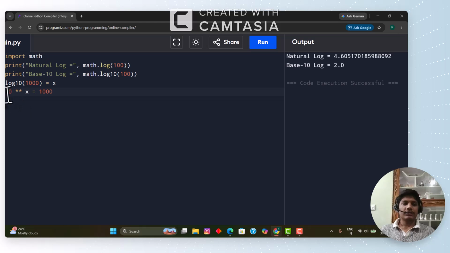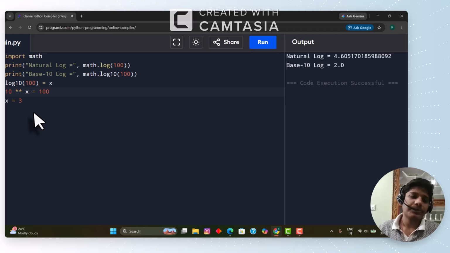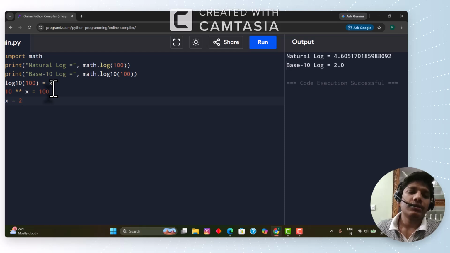What is the number x for which we will get 1000? For 10 to the power of 3, we get 1000. So the value of x is 3. When we give 1000 here, we get 3. If we give 100, so 10 to the power of 2, we get 100. So x becomes 2. This is how log works.